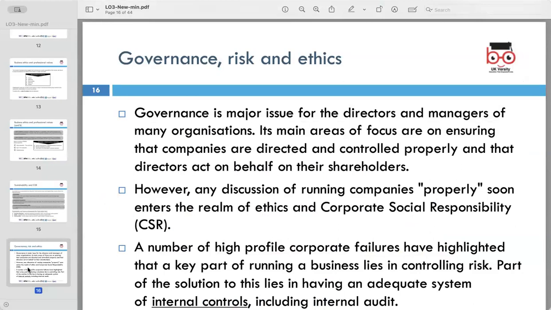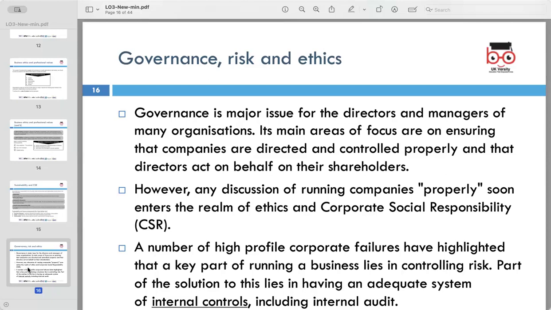Governance, risk, and ethics. Governance holds significant importance for directors and managers of organizations, focusing on proper direction and control to ensure actions are in the best interest of shareholders. However, discussions regarding effective governance often intersect with ethics and corporate social responsibility.